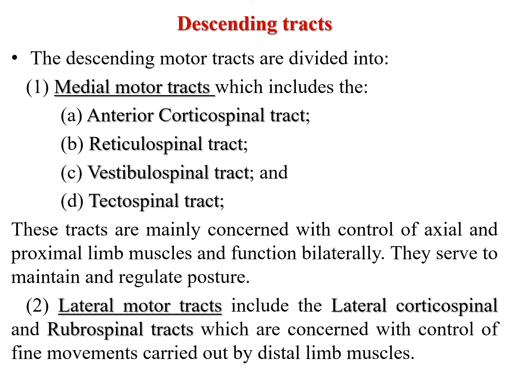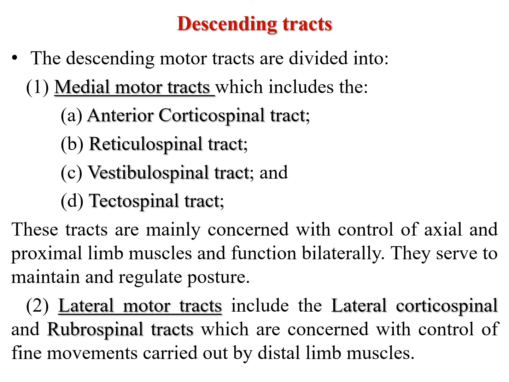As they travel through the spinal cord, if they are positioned nearer to the midline, they are medial, and when they are positioned further away from the midline, they are lateral. It has been found that tracts situated laterally, namely the lateral corticospinal and rubrospinal, have certain functions and are called lateral motor tracts, while the medial tracts have certain functions and are also positioned medially.